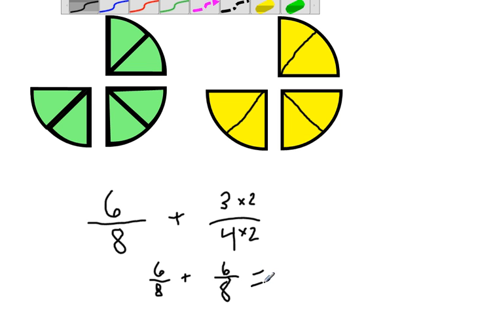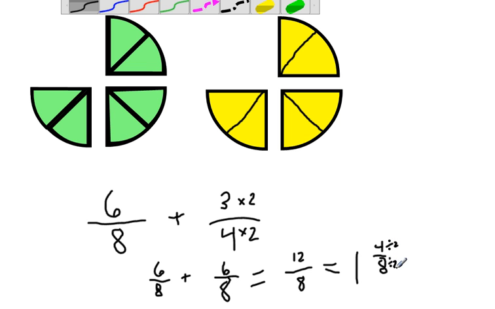Okay? I still have eighths, so I'm going to keep that in my same fraction. You don't add the bottom, because we still have eighths here. But now I have 6 greens and 6 yellows, so that gives me 12/8ths. And you guys just learned how to turn improper fractions into mixed numbers. So 8 goes into 12 once, and there's 4 left over out of 8, which can be reduced if I divide each of these by 2.